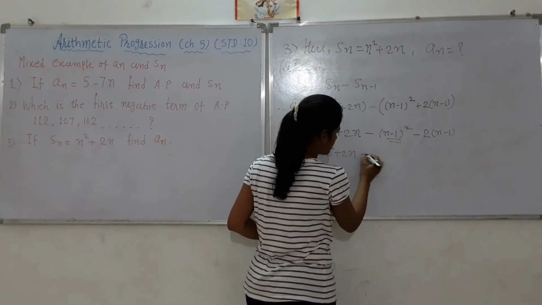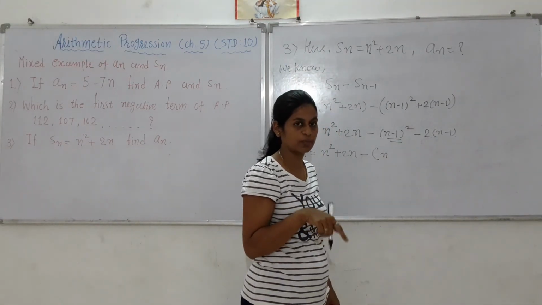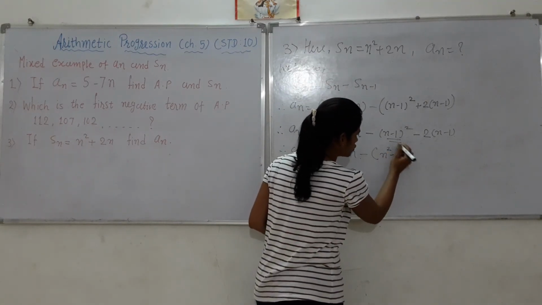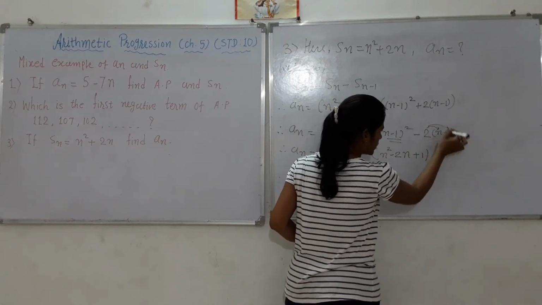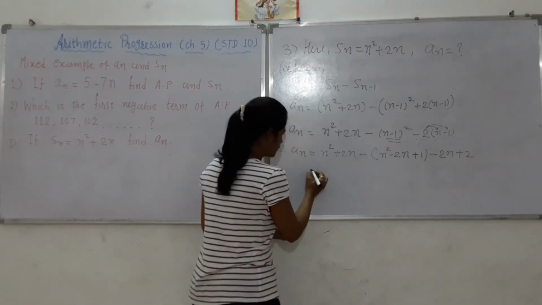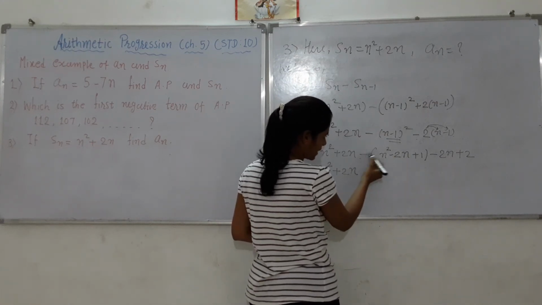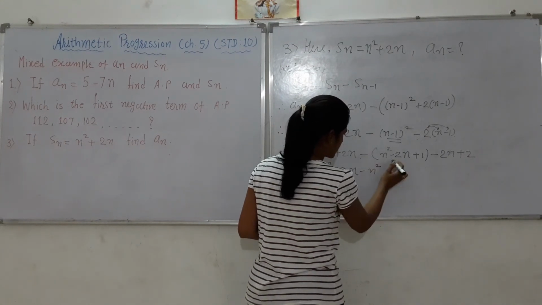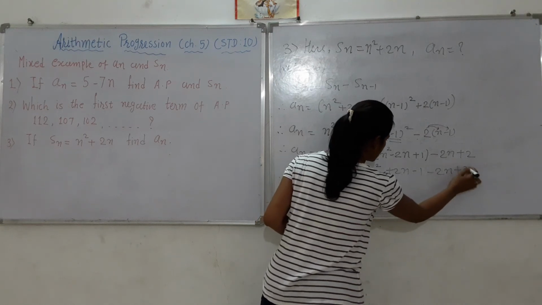Now simplify this bracket. The a minus b whole square formula is a square minus 2ab plus b square. So this is n square minus 2n into 1, that means 2n, plus 1 square is 1. Now multiply 2 inside, so this is minus 2n plus 2. So this is n square plus 2n, multiply the minus inside, so the inner signs will be changed: minus n square plus 2n minus 1 plus 2n minus 2.